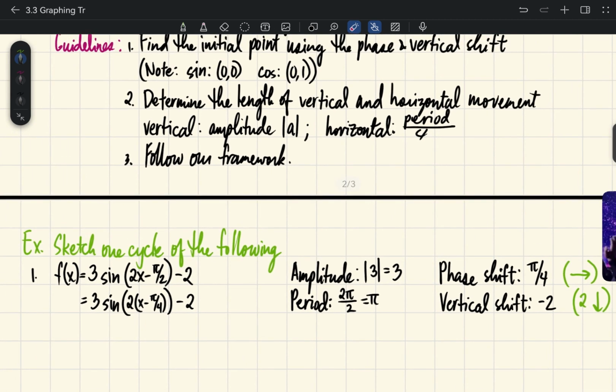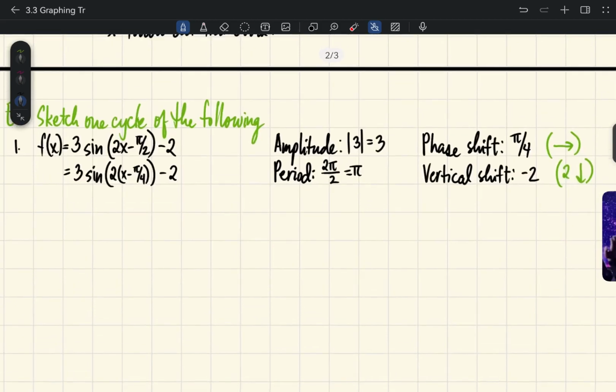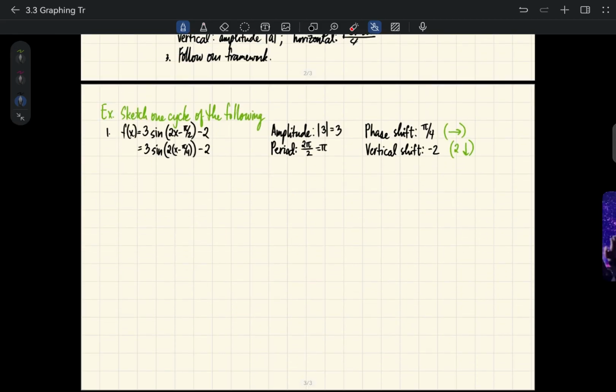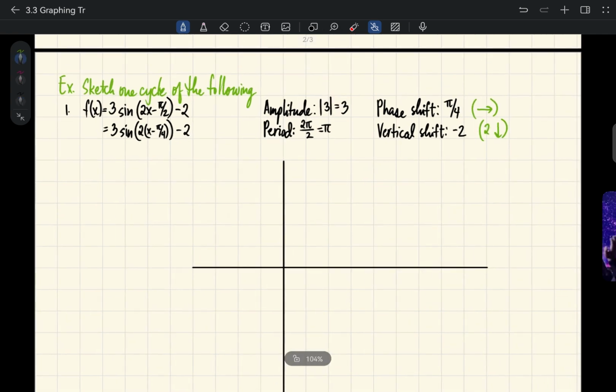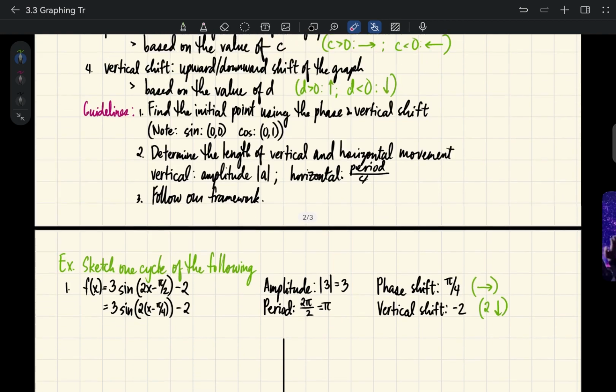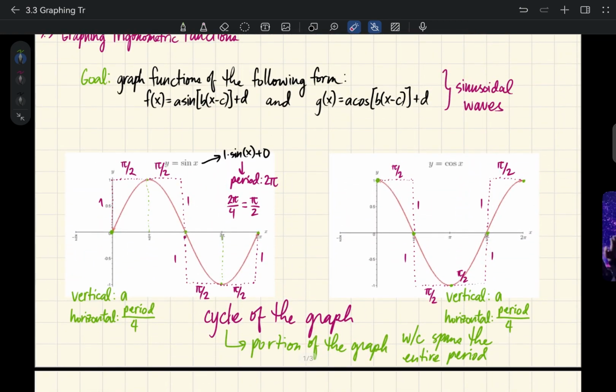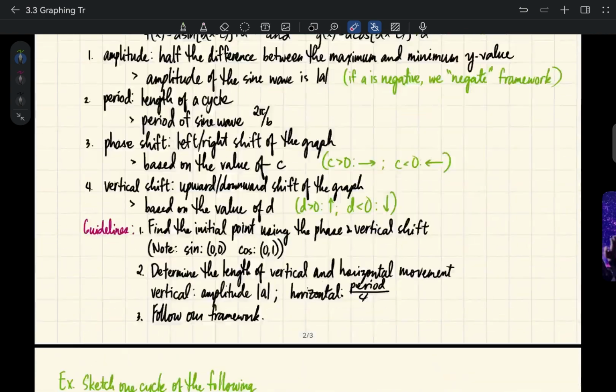So now, what we have to do is find the initial point. To find the initial point, first we locate where 0, 0 is. So 0, 0 is right here. Why are we starting with 0, 0? We're starting with 0, 0 because we have a sine function here, and your original sine function starts with the origin.